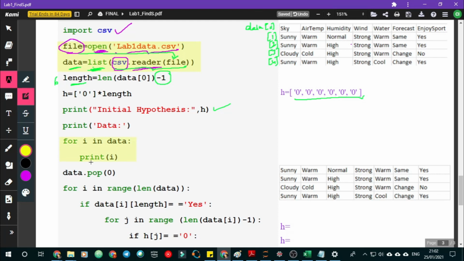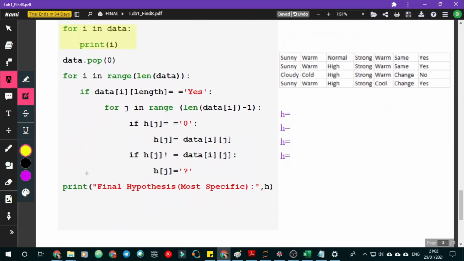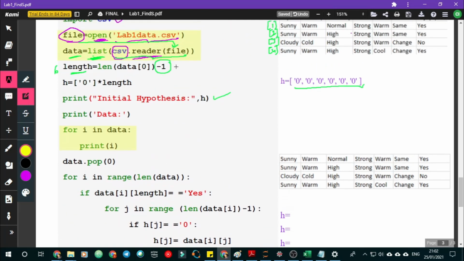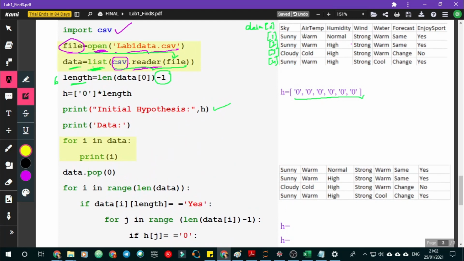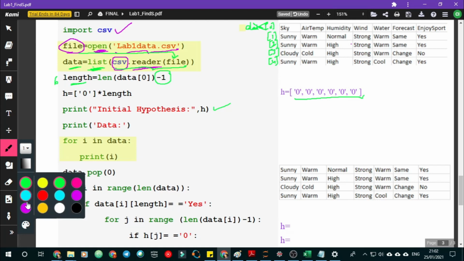And next, data.pop. Why data.pop? Because we need to deal with only the data samples. We need to discard data of 0, because it is the heading of all the data samples.